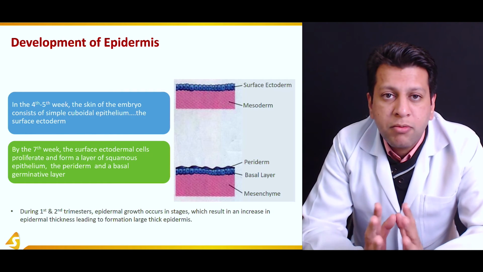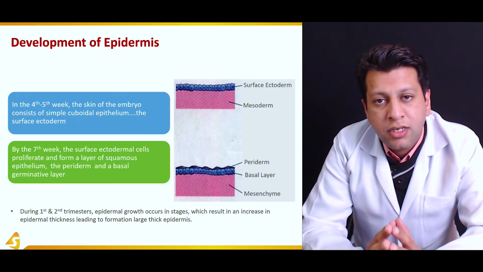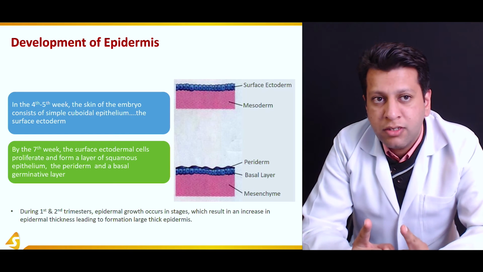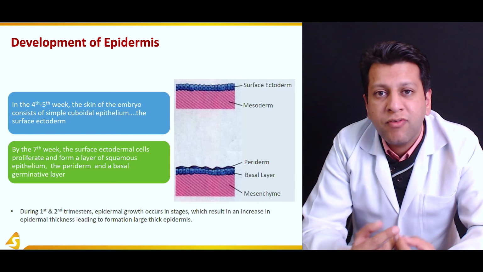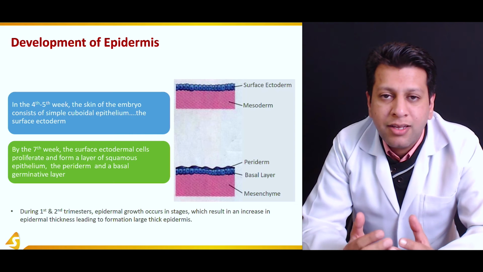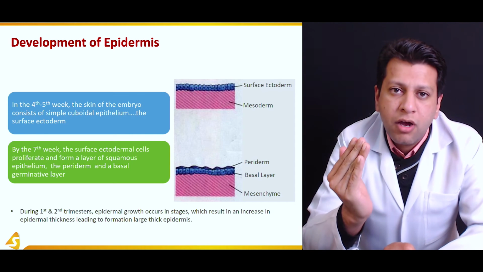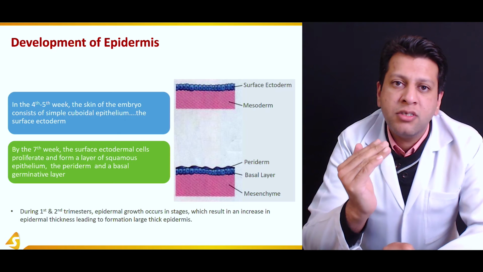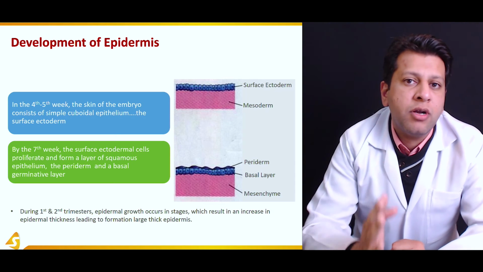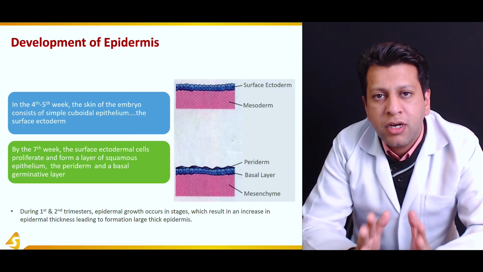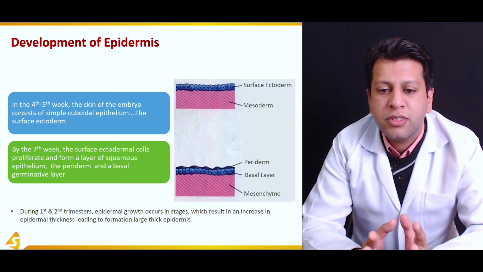Now, the concept of all this is that there is a single layer of cells which is continuously dividing to give rise to different layers. And as these cells divide, they're actually pushed upward, and as they're pushed upward, they lose their potential to divide. Now, this is very important because when we'll be discussing the germinative layer, we'll be coming to this concept again.